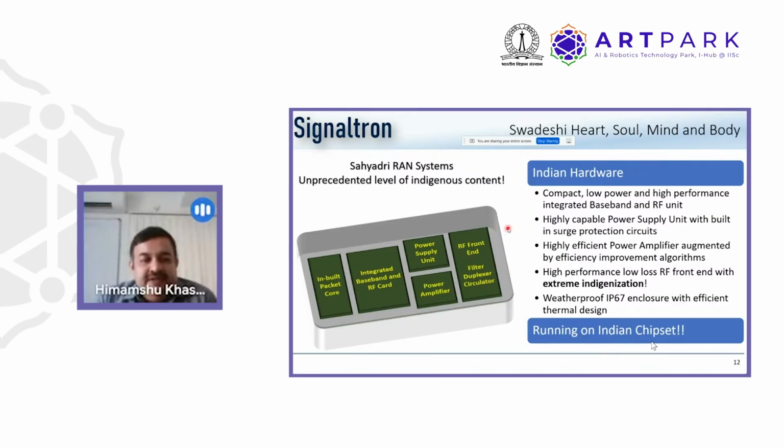So we have targeted to develop the complete stack from here. We call it Swadeshi in heart, soul, mind, and body. Right from the chipset, these systems are built here, and then the entire system itself, which integrates a lot of complex modules for baseband and RF processing, even the efficient power supply units and the RF front end.